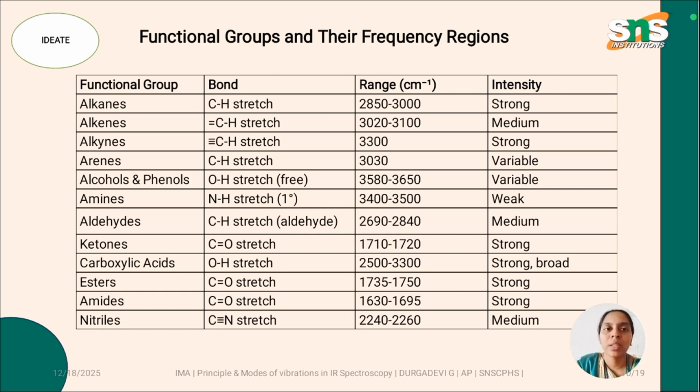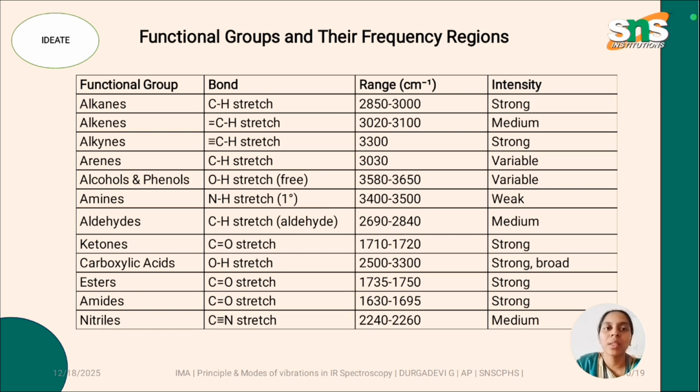The alkanes consist of CH stretching, that is they have absorption at 2,850 to 3,000 centimeter inverse, and the alkenes, that is carbon double bond carbon molecules, have CH stretch with absorption at 3020 to 3100 centimeter inverse. So they both have a stretch. As you can see, the alkyne also has CH stretch, but their absorption happens at different wave numbers.